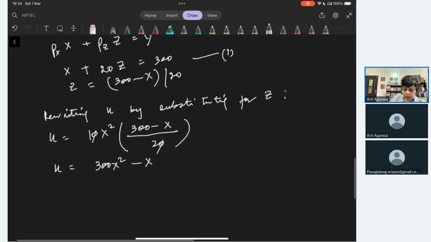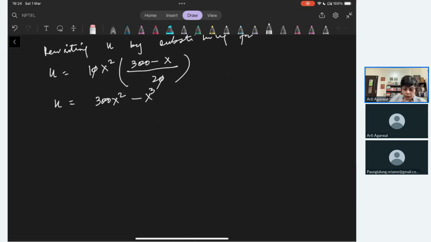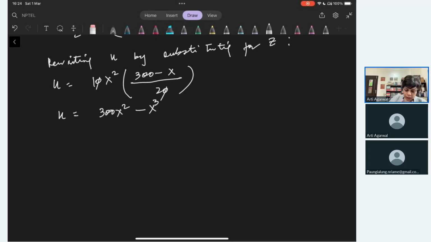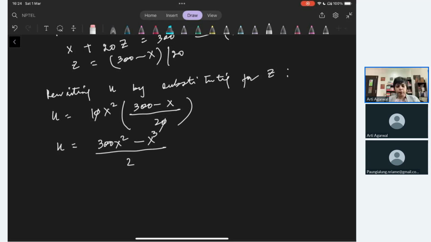Yeah, I knew I was missing something. 10x square minus x cube, and this by 2. So all I've done is just a little bit of simplification. I multiplied the expression in the brackets by x squared, and 10 and 20 become equal to half. So this is 300x square minus x cube by half.